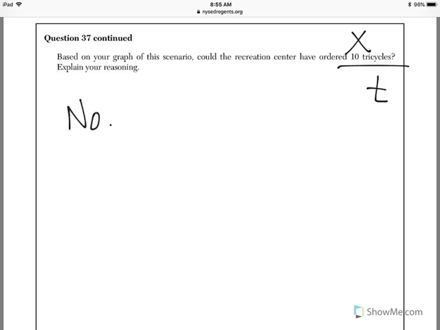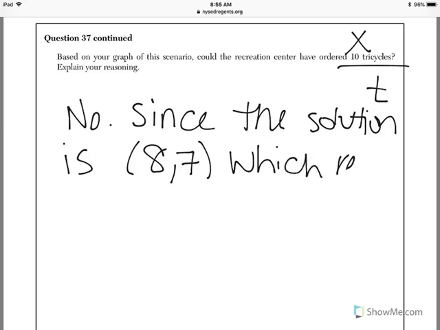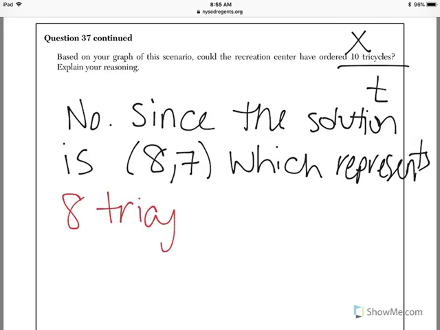Then, based on our graph, no, the rec center could not have ordered 10 tricycles since the solution to our system of equations is the point 8, 7, which represents 8 tricycles, not 10. And that's all we have to do for our last question.